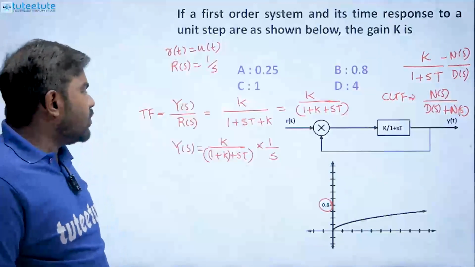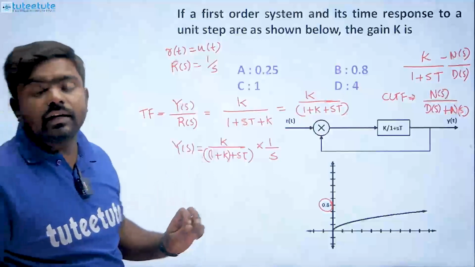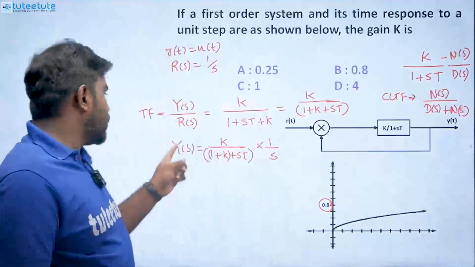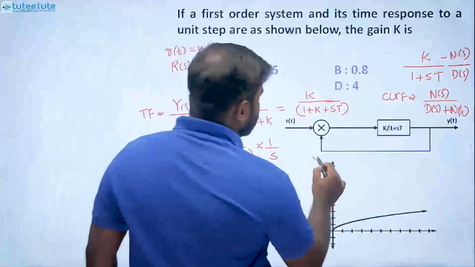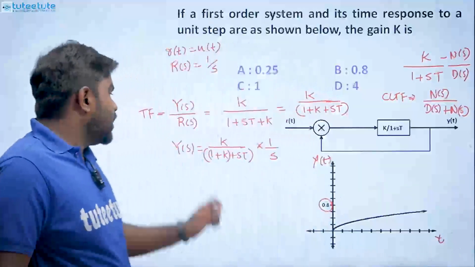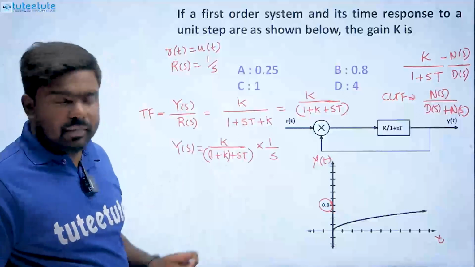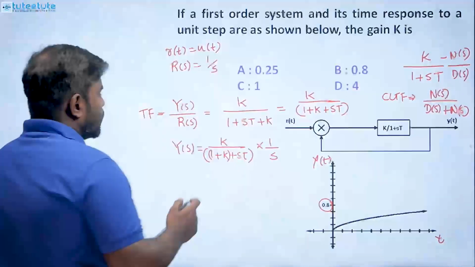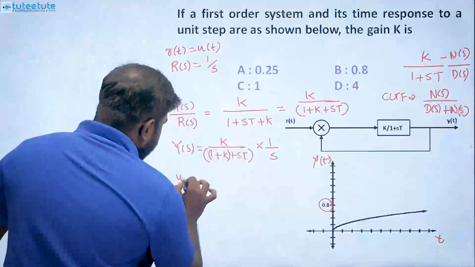Now you have to take the inverse Laplace transform in order to find the magnitude of y of t. This would be your y of t curve with respect to t. So you have to take the inverse Laplace transform. Okay. So y of t is nothing but what?